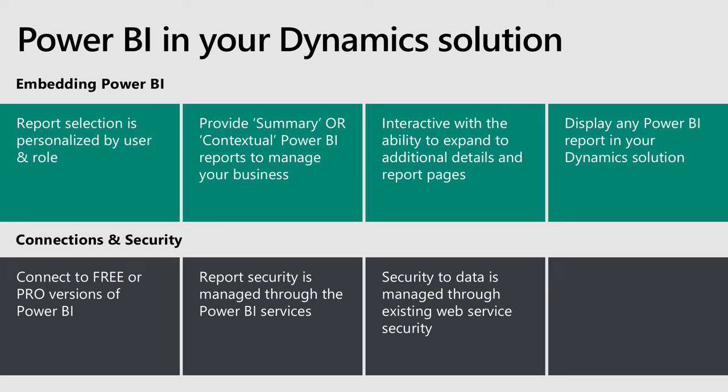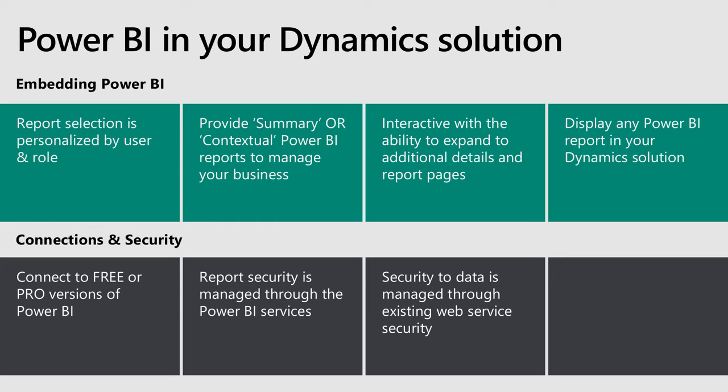So in the 7 or 8 or 9 different areas where you can expose Power BI inside of Business Central, what physically shows up there is personalized to the user. Or you can set it up for a role and then push it out to everyone in that role, so they will see similar reports dependent upon their role within their organization.